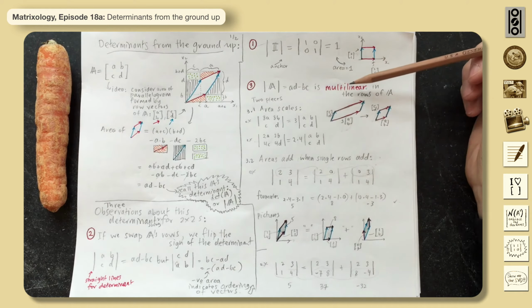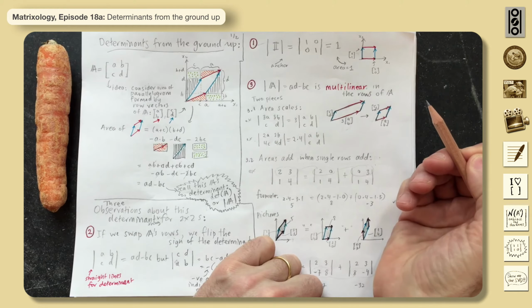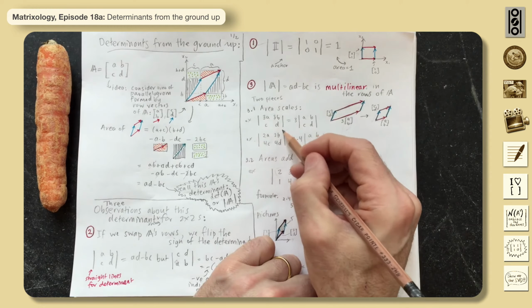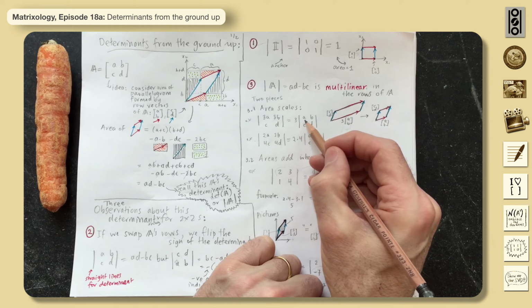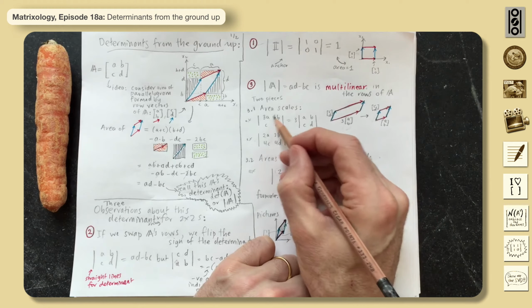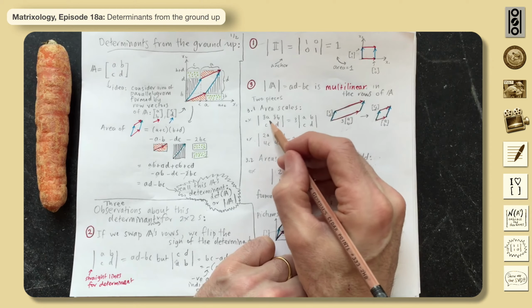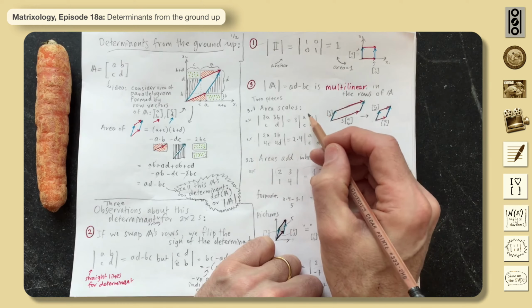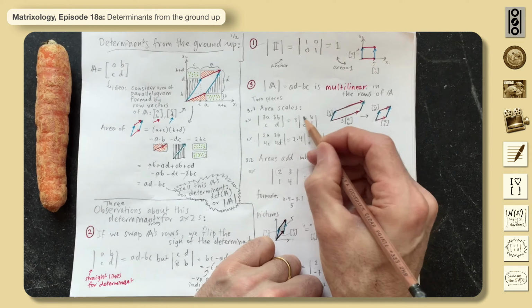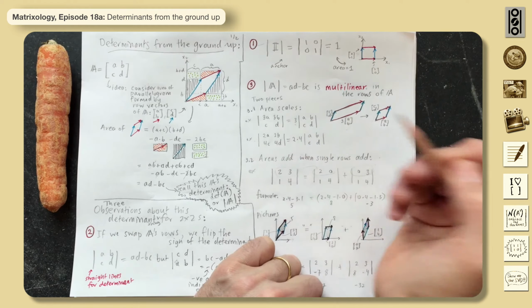If we triple the first row, and again we're just calculating a determinant, then if we take the determinant of the matrix A but with 3 times the first row instead, that's the same as multiplying the determinant of A by 3. And here's the picture of it. We've stretched the parallelogram in one direction by a factor of 3. So there are 3 of these areas in there.